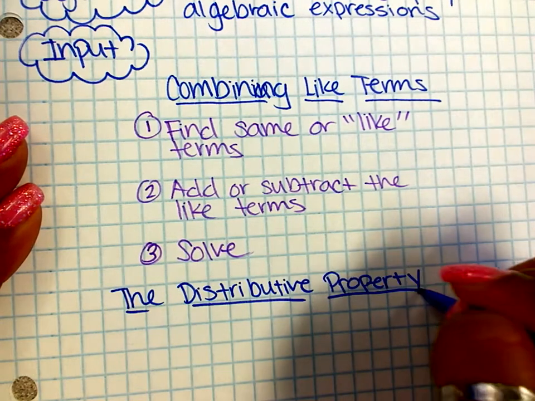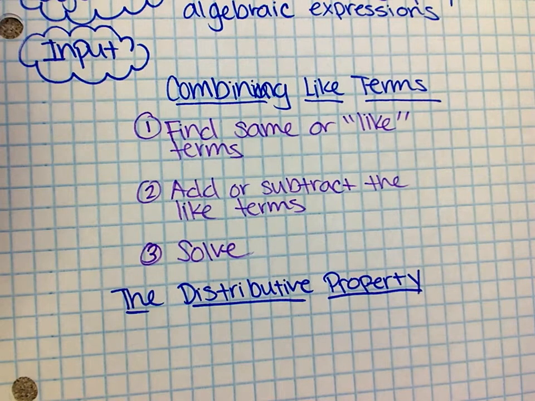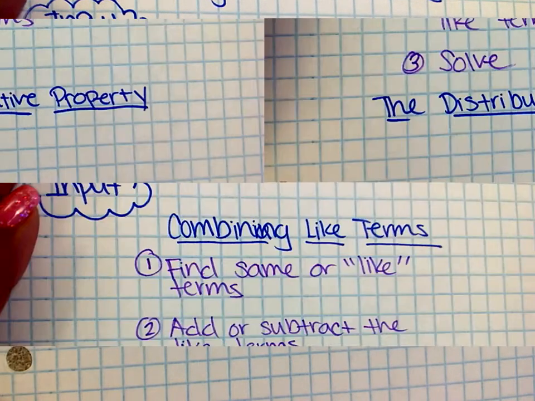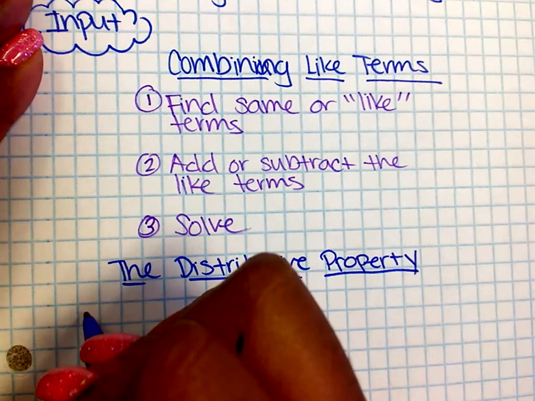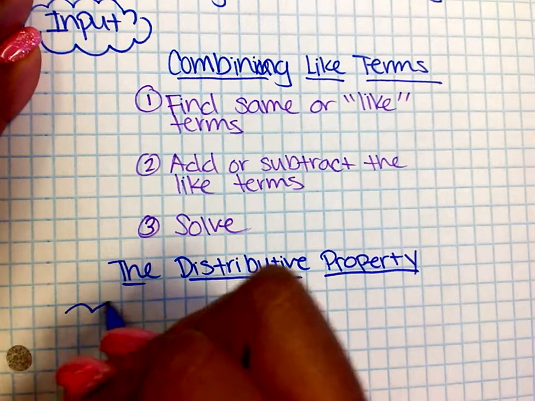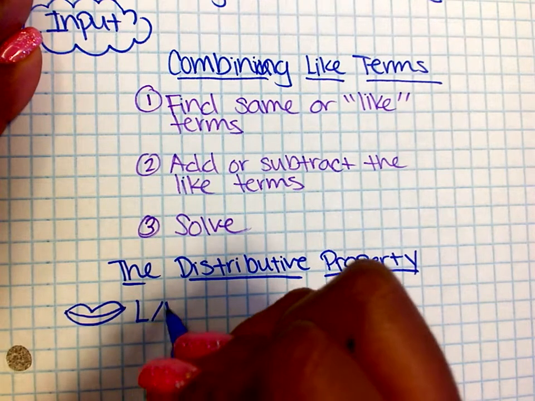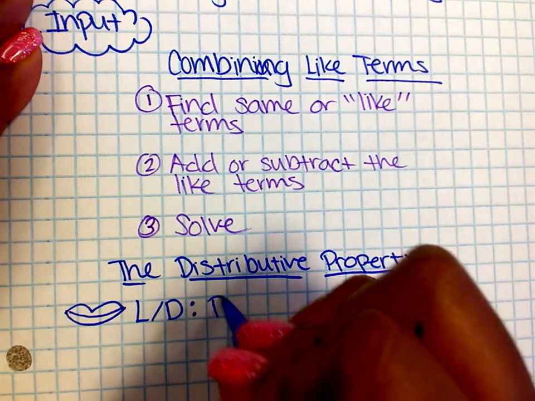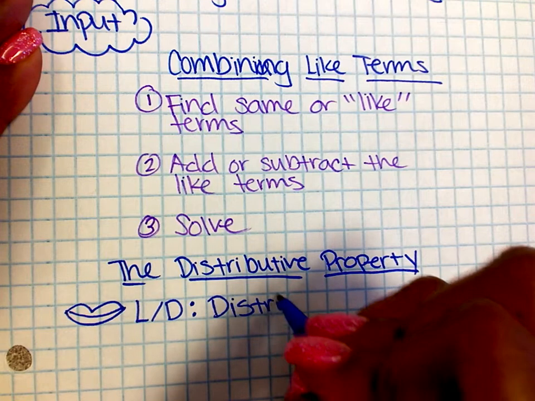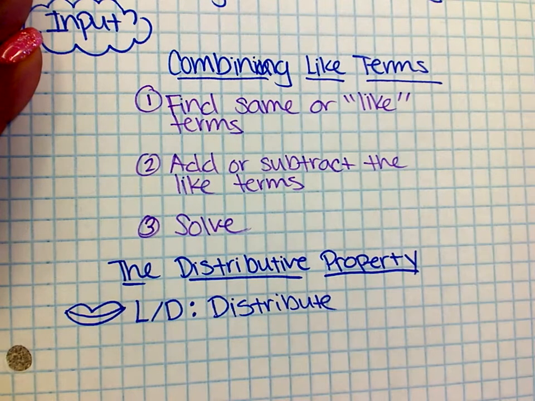There is one language of the discipline word that you need to know, and that you probably do know, and that is the word distribute. What does it mean to distribute?